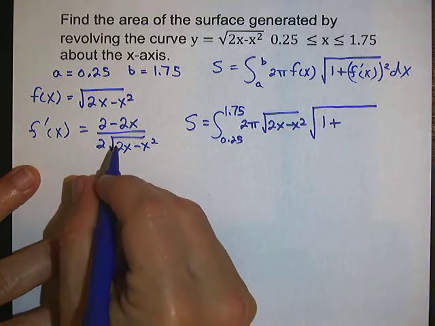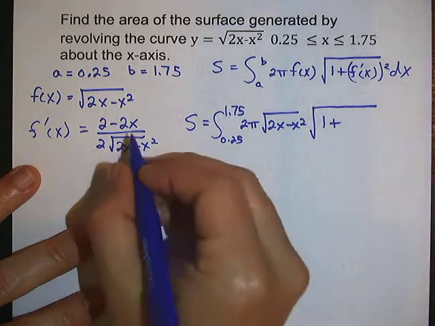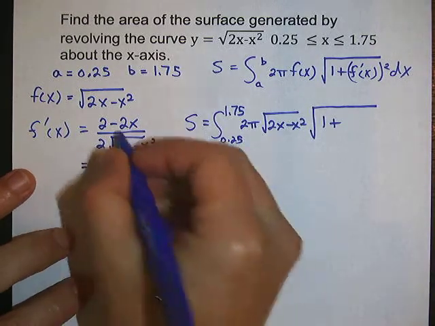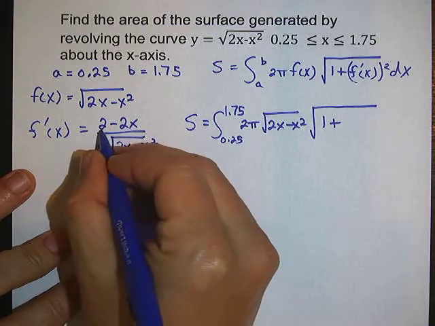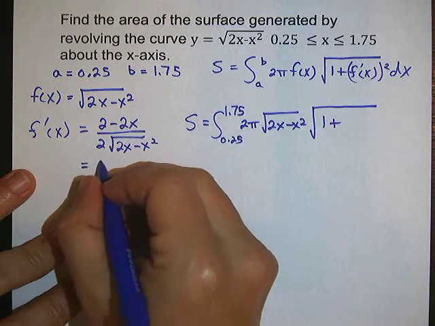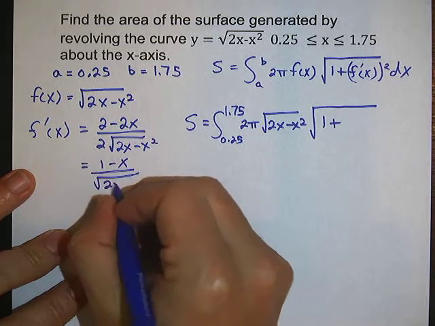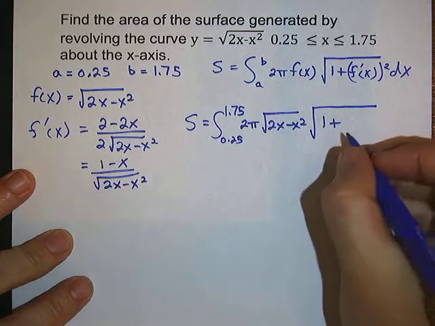Here's the derivative of f of x. Let's clean this one up over here. We've got a 2 that can be factored out on top, and that will reduce with the 2 on bottom. So that's actually 1 minus x over square root of 2x minus x squared. That'll make this a little easier.